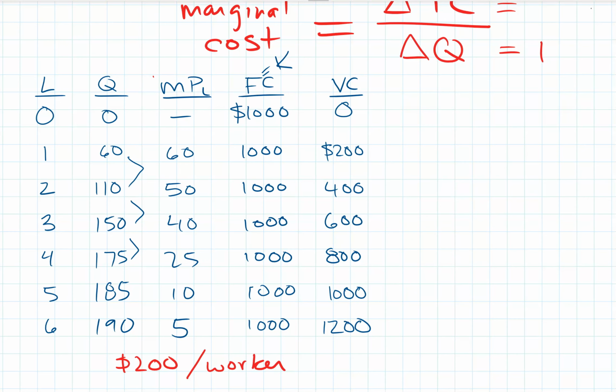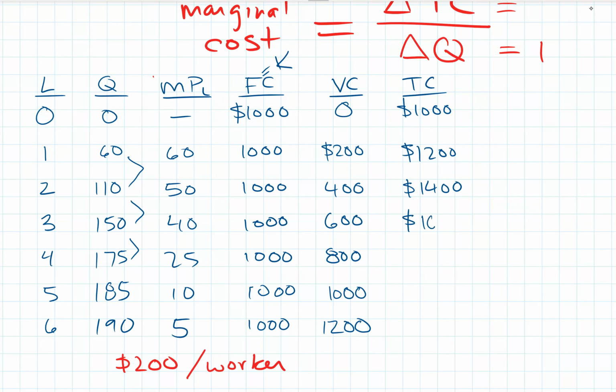And then we can get our total cost. So even if we produce nothing, we have a total cost of 1,000, and then when we produce 60, we have a total cost of 1,200, and then we produce 110, and we have a total cost of 1,400, and so on.